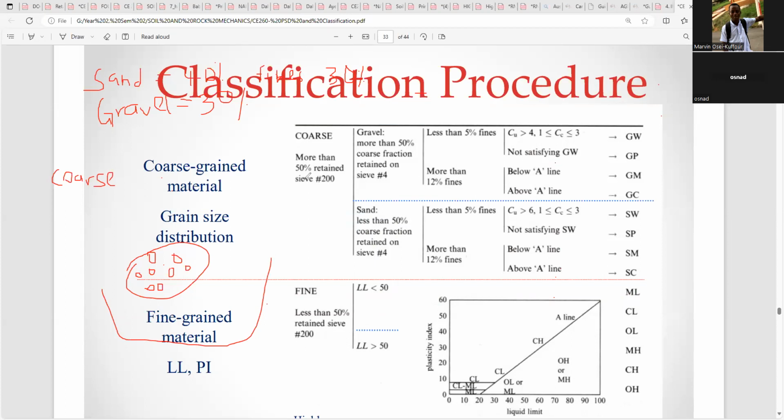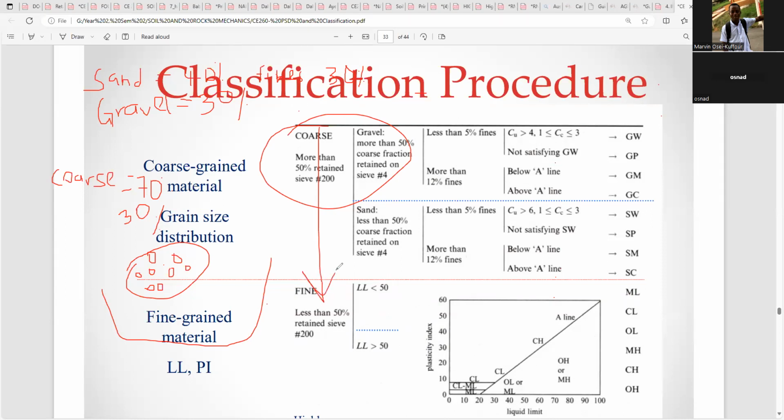So more than 50% retained on sieve number 200 means that if you have your coarse to be greater than your fines, you are definitely going for the coarse. We have our coarse to be what? 70%. And our fines to be what? 30%. So this is the first column.